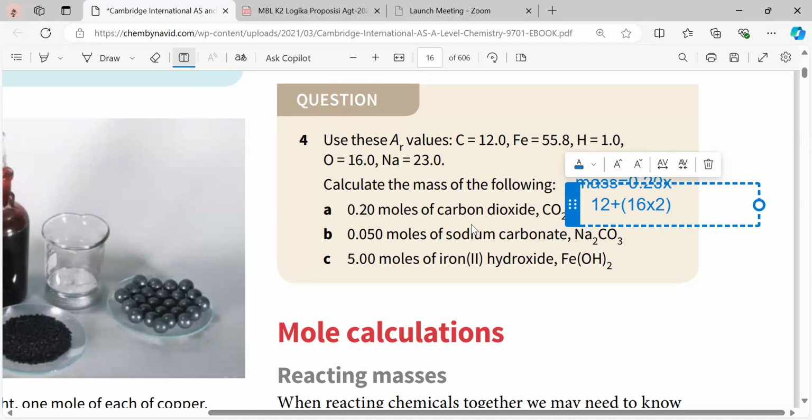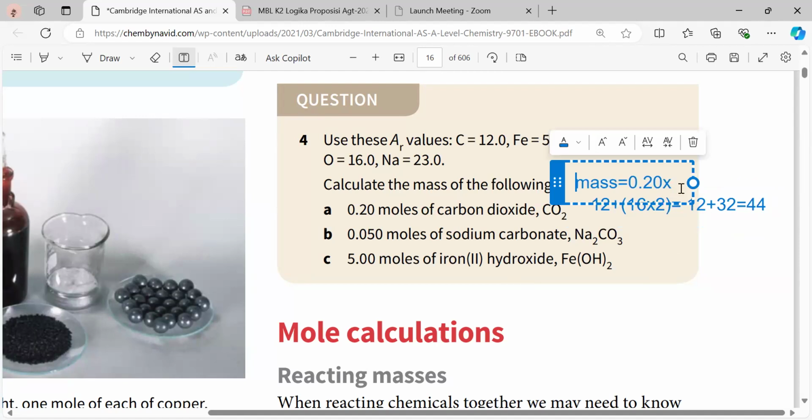So this equals 12 plus 32, which equals 44. So in order to find the mass, we input 44 right here.